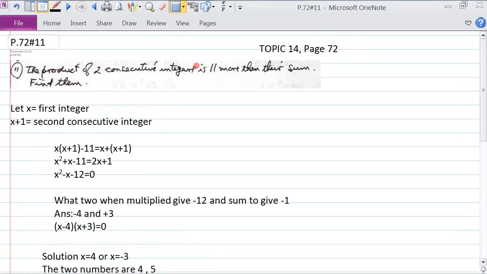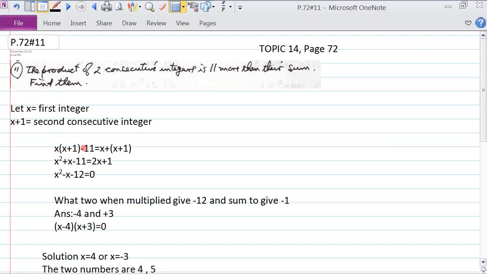The product of two consecutive integers is 11 more than their sum. So let x equal the first integer, and the second one, consecutive means it's one more. So x plus 1 is the second one. The product of those is 11 more.